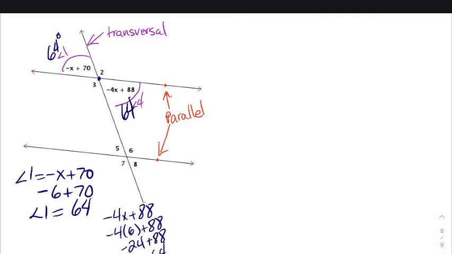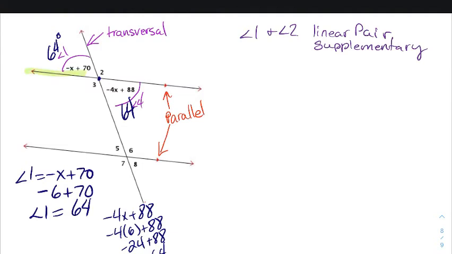Okay, so angle 1 and angle 2 are a linear pair, which means that they are supplementary. And remember, a linear pair is two angles that have an adjacent side, and of course our adjacent side is part of our transversal.